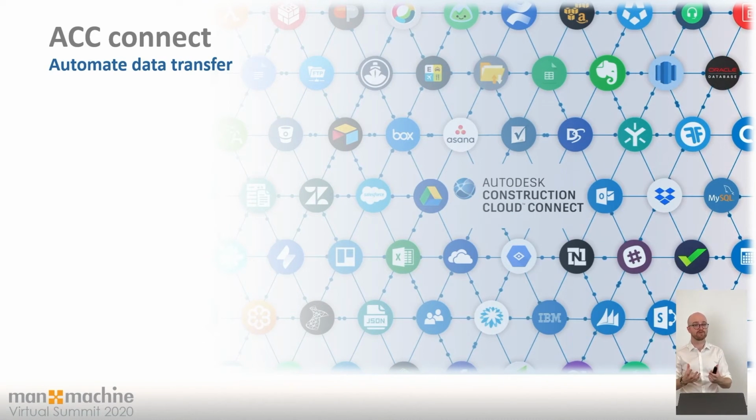So you can host things on BIM 360 and you can have files move around based on trigger events. And not just files, you can also have information move as well. So ACC Connect is a huge one for breaking down those silo walls with BIM 360 and allowing you to expand all of your information into other cloud platforms if it's required.